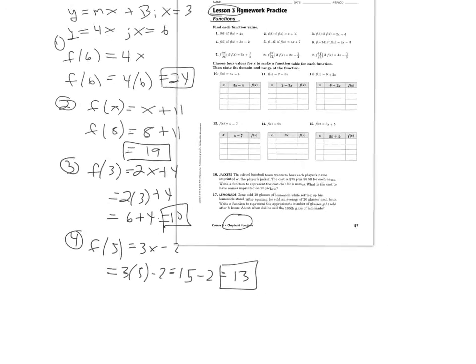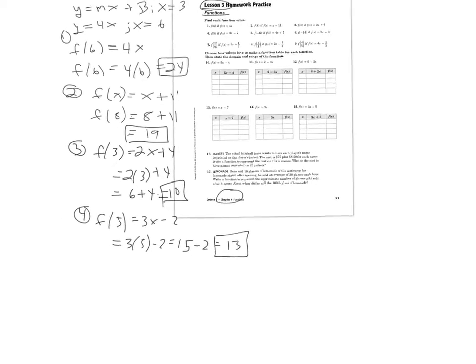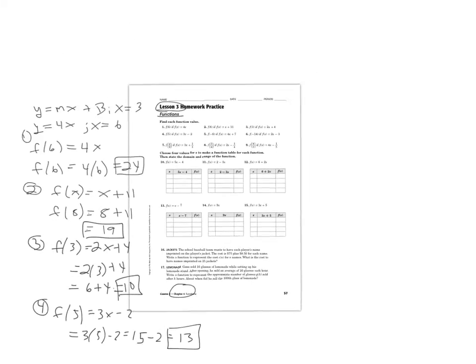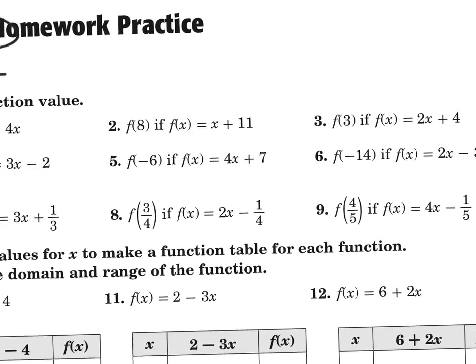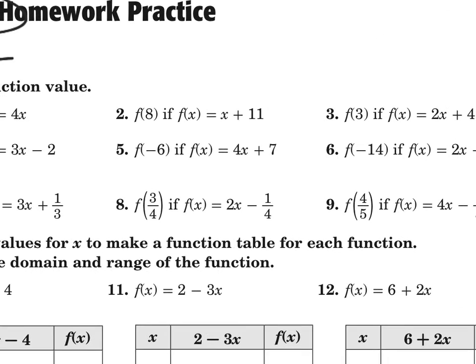Okay, the next problem is problem number 5. In problem number 5, we want to continue along this idea where we take the number that we put into f of x. Again, this notation right here is called f of x.